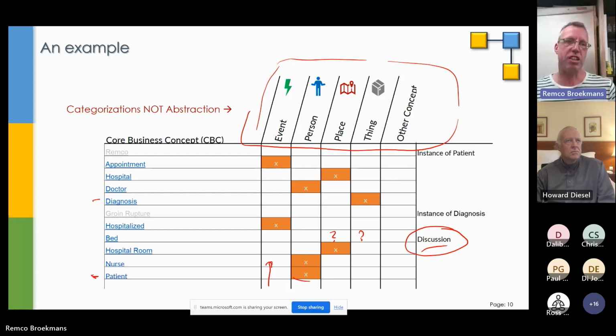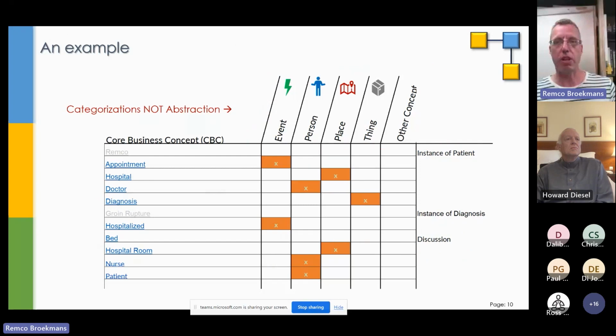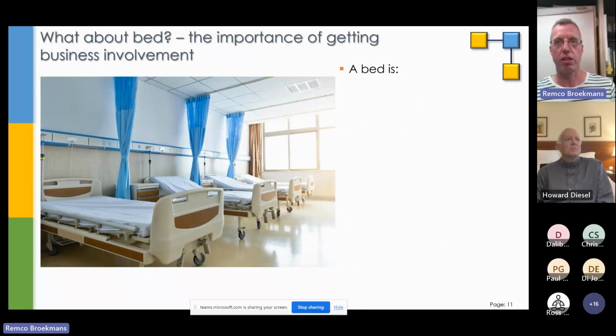And the thing on bed is, because you get the discussion when you're going to ask what is it, a place or a thing, and you get the discussion in healthcare at least. And then you get something like, okay, what is a bed? I just took a picture out of Google with a hospital, and you can say, yeah, you know what? This actually is a bed, a physical bed.